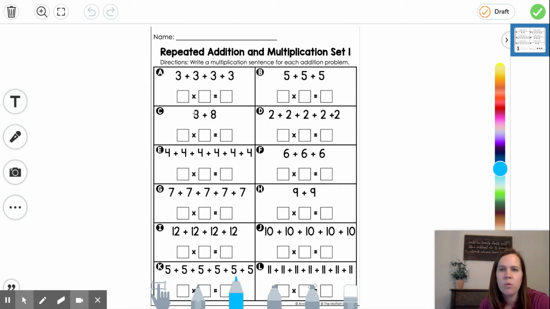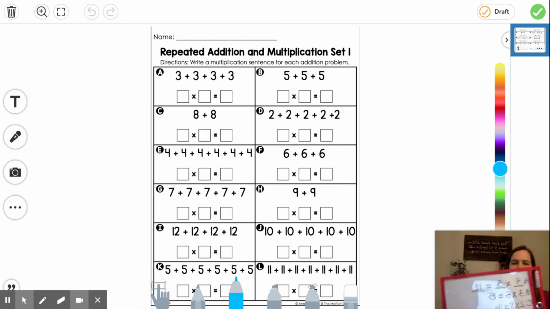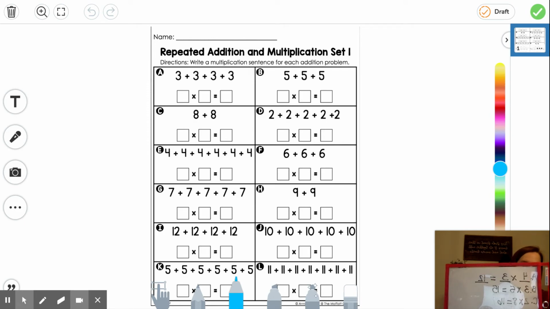C has 2 groups of 8. And I know my doubles fact, so I could say that 8 plus 8 equals 16. So your multiplication sentence that goes for C is 2 times 8 equals 16.